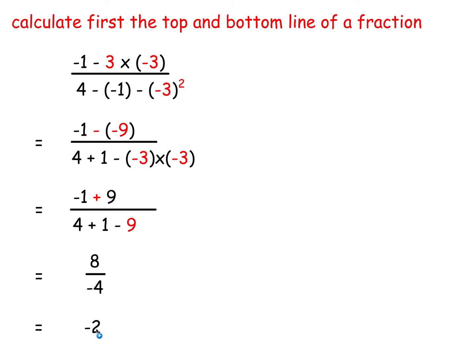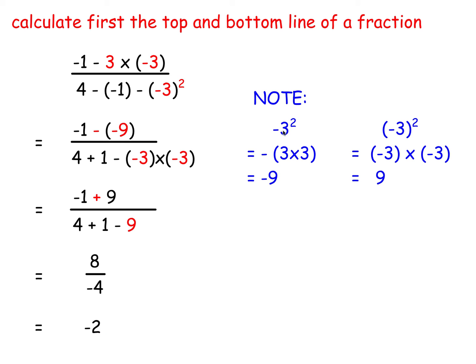Now, it's worth pointing this out. This says negative 3 squared. That means square the 3 and you get 9. It's negative 9. If the negative 3 is in brackets, that means you're squaring the whole of negative 3. It means negative 3 times negative 3. The answer is positive 9. So, whenever you want to square negative 3, make sure you bracket it to make it clear.